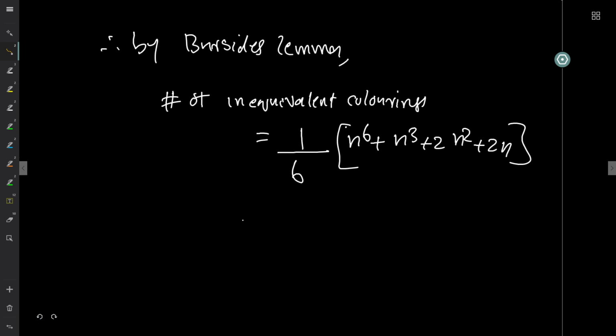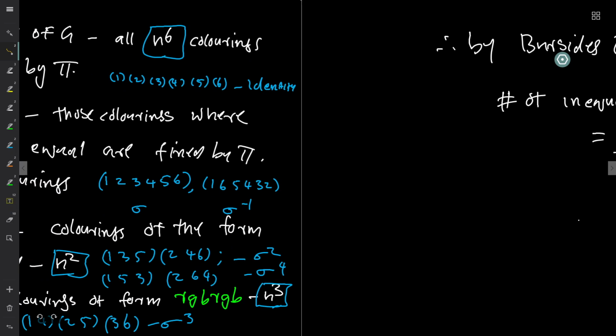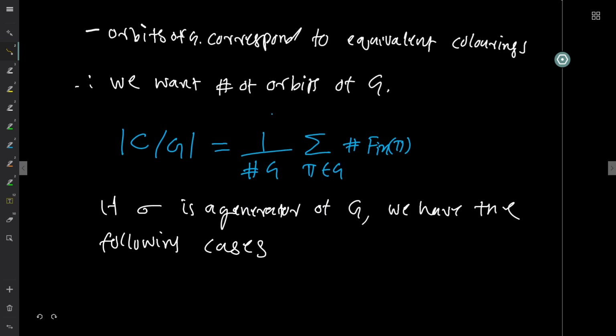So this is the number of inequivalent colorings. So if we are using exactly n colors, we get this. If I am using only one color, what you will get? 1 plus 1 plus 2 plus 2 by 6, which is 1. And for 2, you will see whatever it is. So this is something that we can do by using Burnside's lemma.